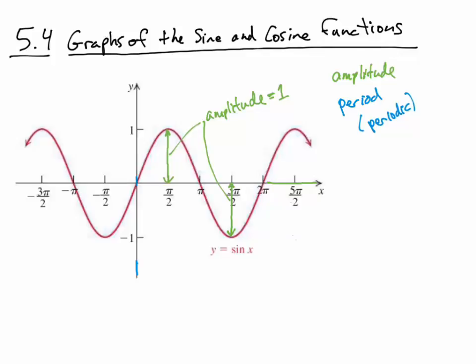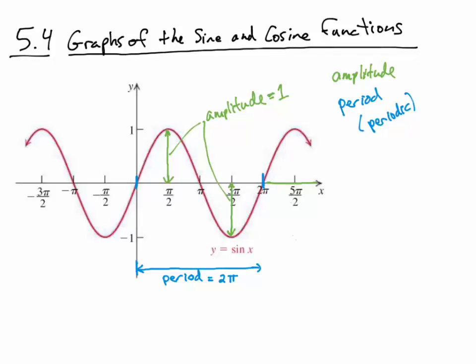If we start the sine graph here and follow it along to the right along the positive x-axis, we see that at 2 pi, the graph begins to repeat itself. So this distance from 0 to 2 pi is a single period of this graph. We would say the period length for this graph is 2 pi.